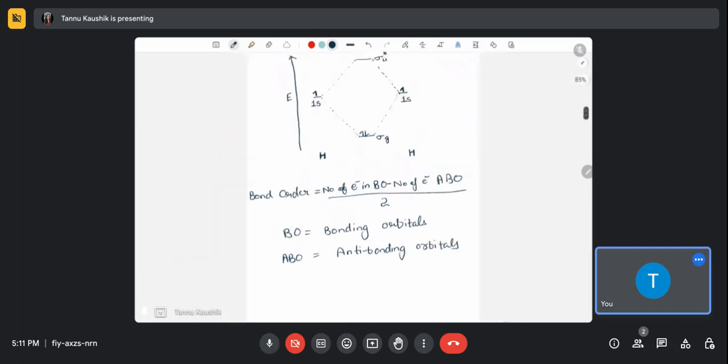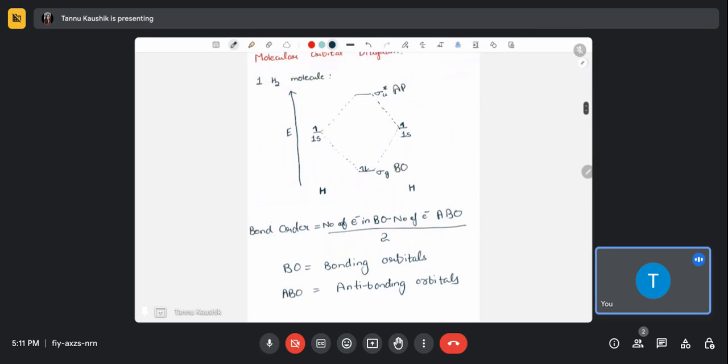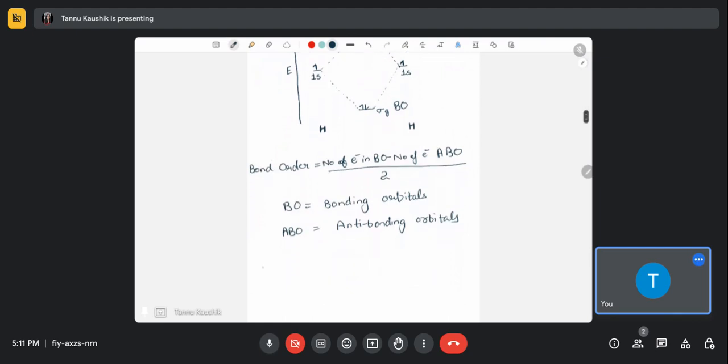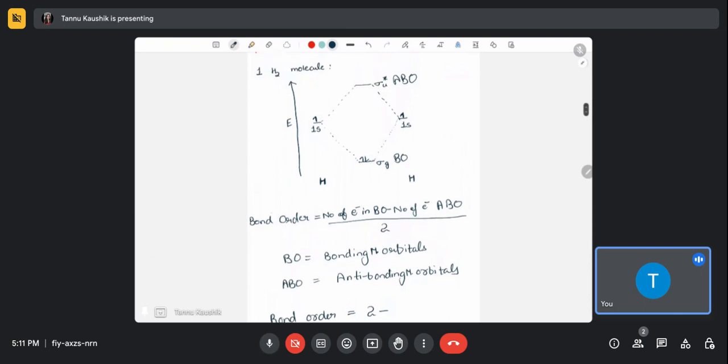So here we can see that this is the bonding orbital and this is the anti-bonding orbital. We have two electrons in the bonding molecular orbital and zero electrons in the anti-bonding molecular orbital.